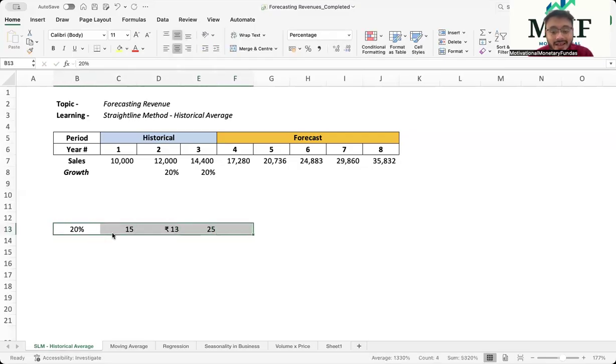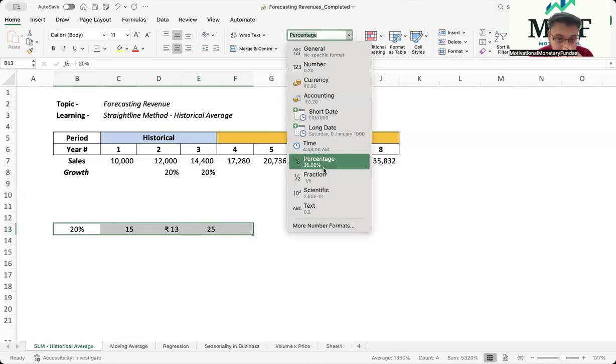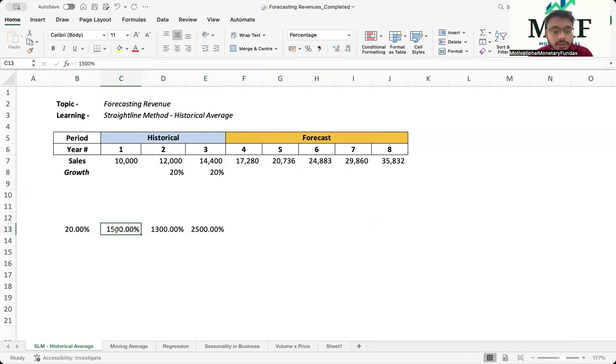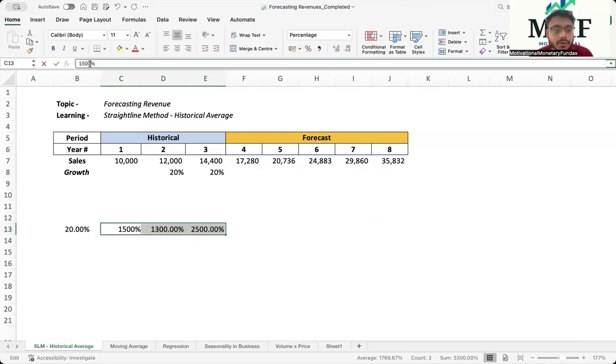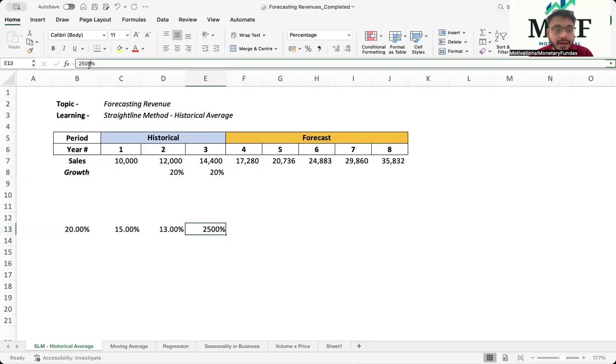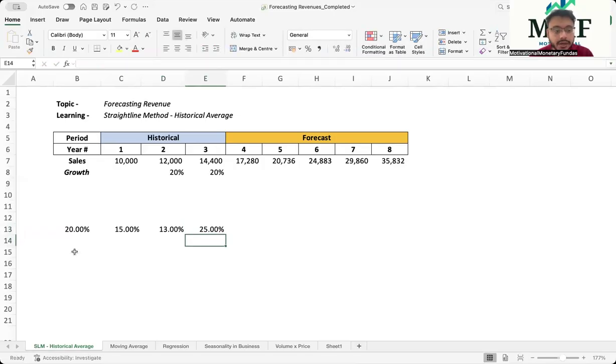I can change everything to a percentage. It is already, but right. So I've changed things to percentage. Maybe I can just remove. I have fewer numbers, which is why I'm not dividing by 100.